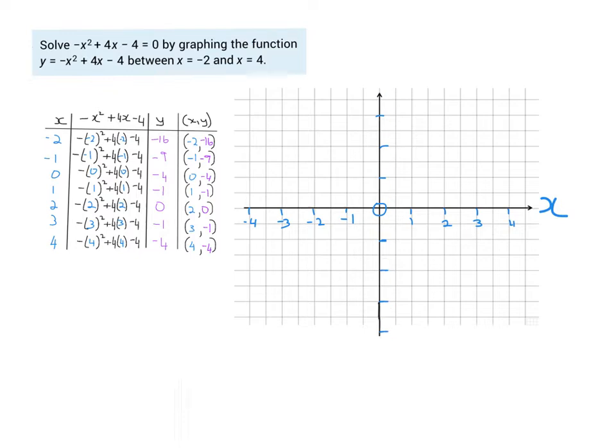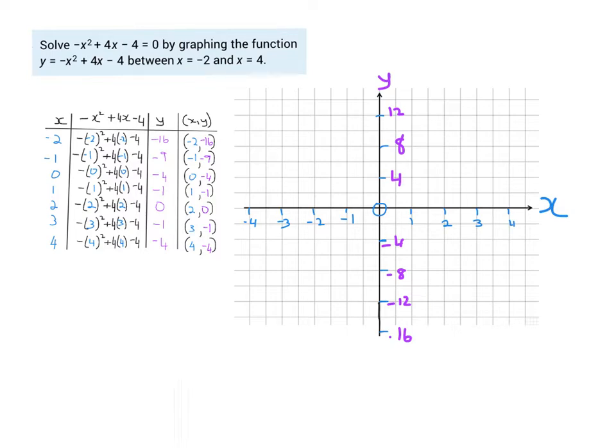So on my y-axis, I am going to use every 2 boxes to represent 4 units. So here I'm going to say 0, 4, 8, 12, so that would be 0, minus 4, minus 8, minus 12, and minus 16 here. And so that means we'll be able to plot our points now.